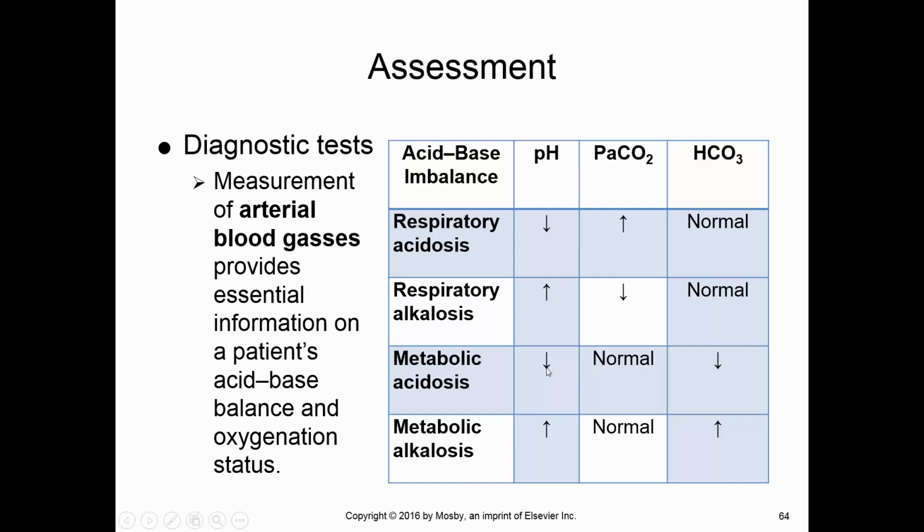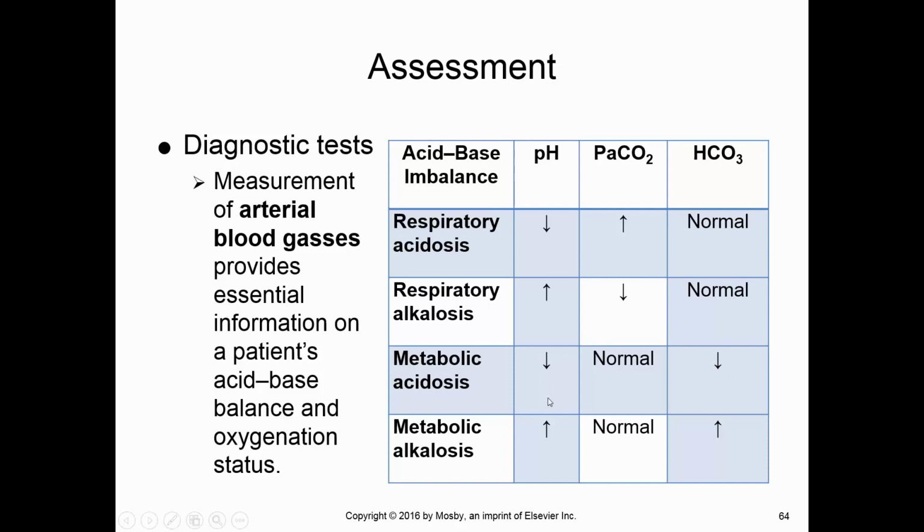Okay. Now in metabolic acidosis, so we've determined it's an acidosis because our pH is low. Our PCO2 is normal, so we know it's not a respiratory component, but our bicarb is low, so we're losing bicarb. So that means it's a metabolic acidosis.